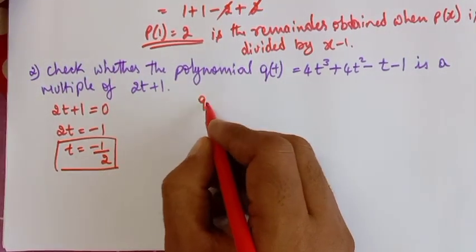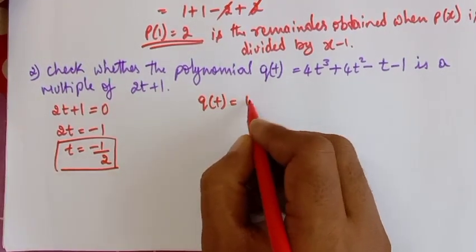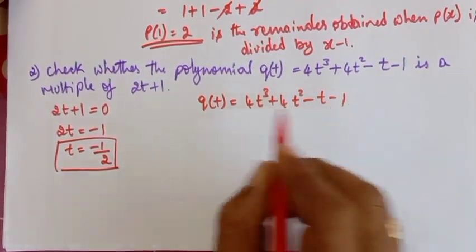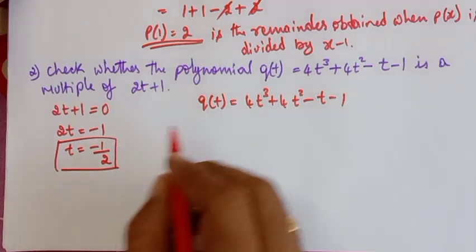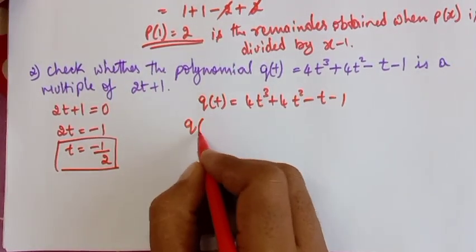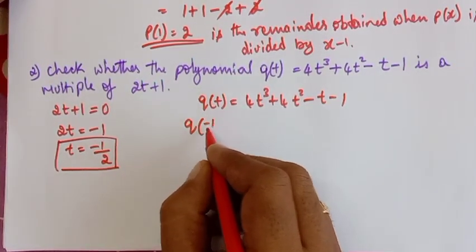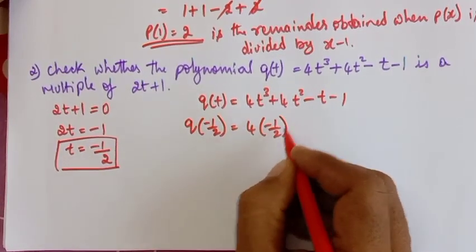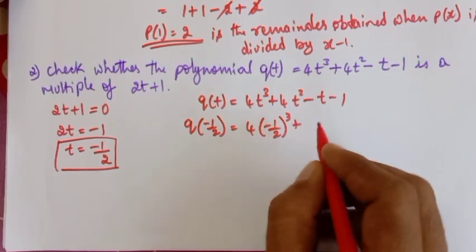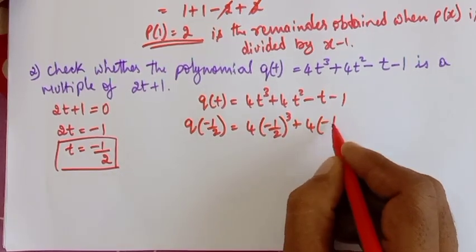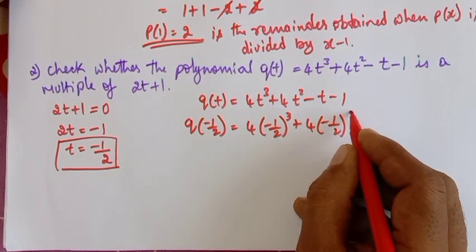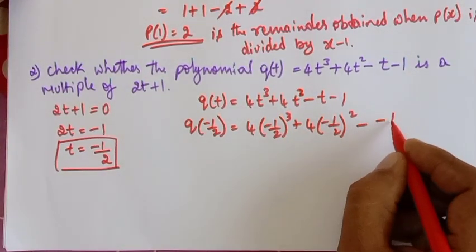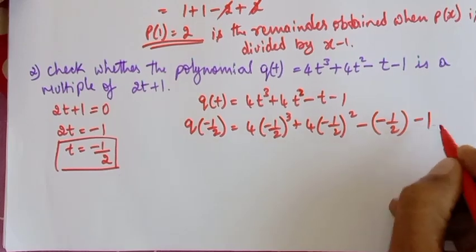So q of t, the given polynomial, is 4t cube plus 4t square minus t minus 1. Let us now substitute the value of t in the given polynomial. q of minus 1 by 2 is equal to 4 into minus 1 by 2 whole cube plus 4 into minus 1 by 2 whole square minus of minus 1 by 2 minus 1.